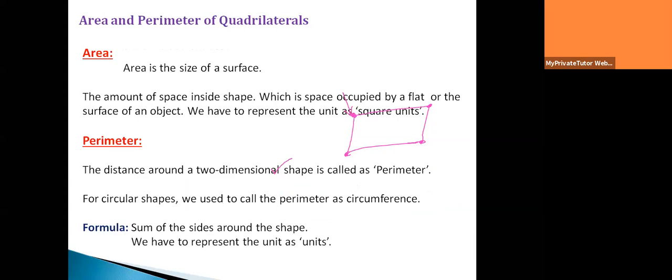You can take any shape. Since it's a 2D shape, it's flattened. For example, take a rectangular garden, or the rectangular room you are sitting in now. The area is the complete space occupied, but not the volume.